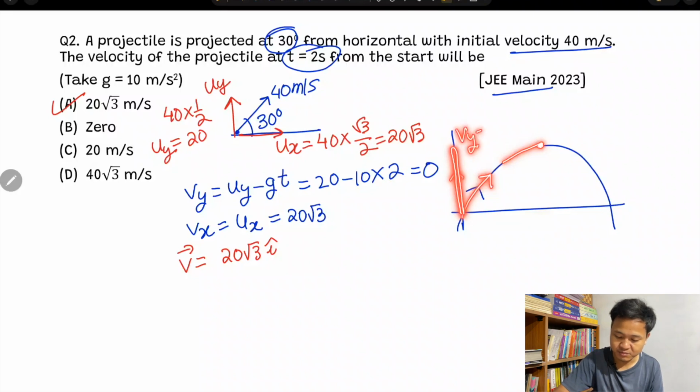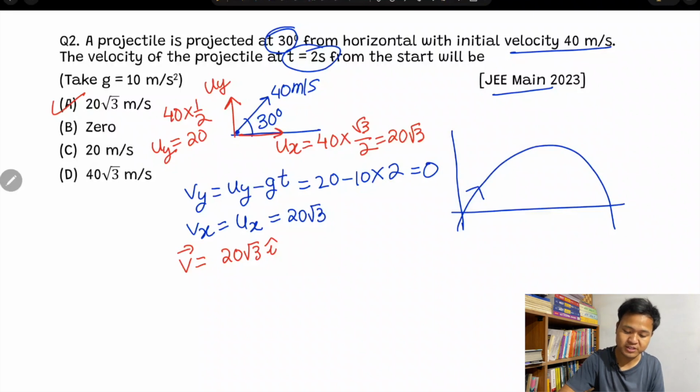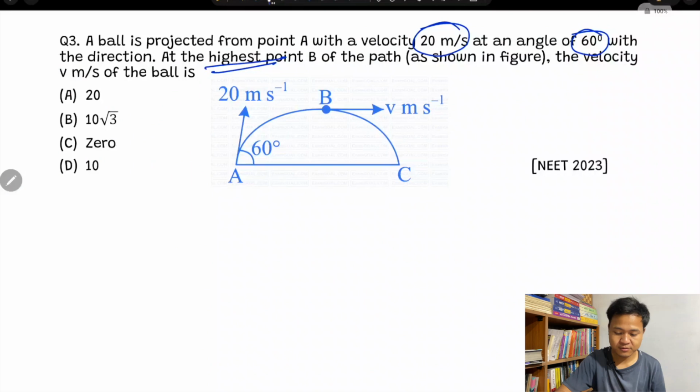So here vy will be equal to 0. At the topmost point, vy is equal to 0. Remember, applying that concept here, they ask you the velocity at the topmost point, so here you'll have vy equals 0.